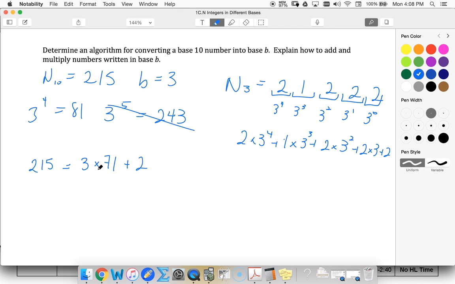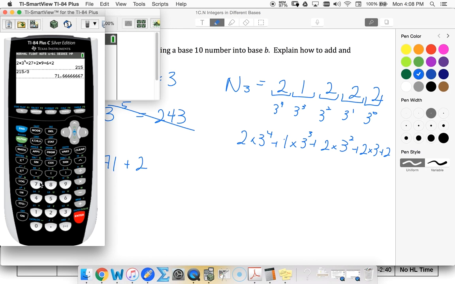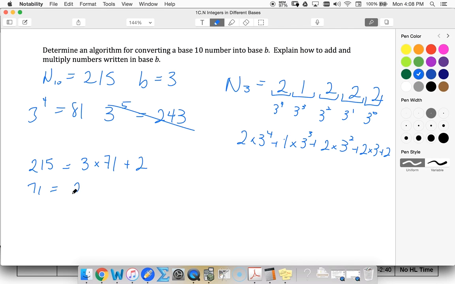Now I'm going to take my 71 and divide that by 3. So 71 is the same as 3 times 23 plus 2.